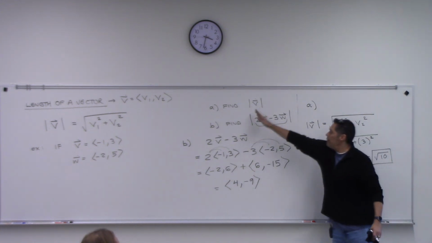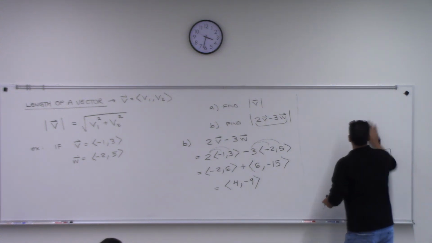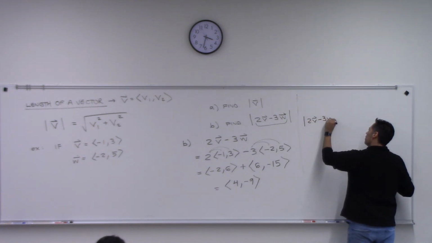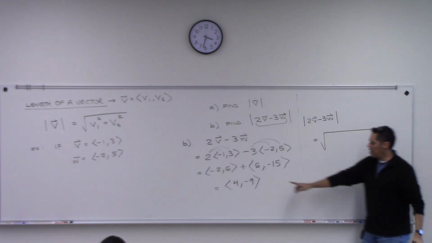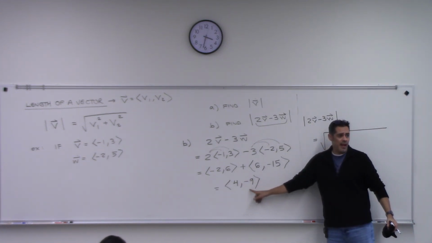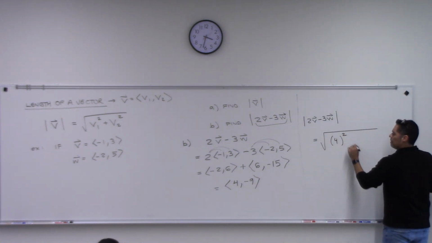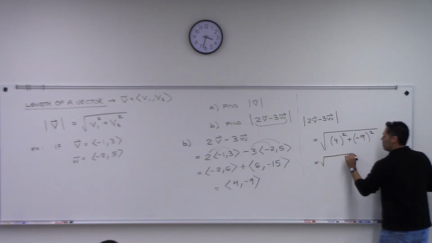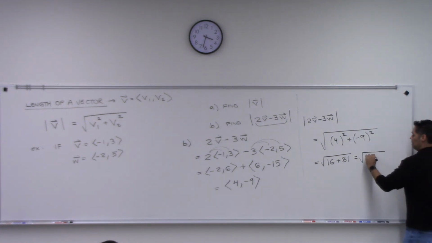Part B wants the magnitude of that vector. So the magnitude of 2V minus 3W will be the square root of, I'm just going to take each of these components, square them, and add them. So 4 squared plus (-9) squared, which is the square root of 16 plus 81, which is the square root of 97.